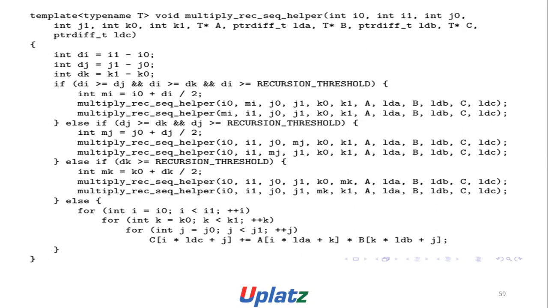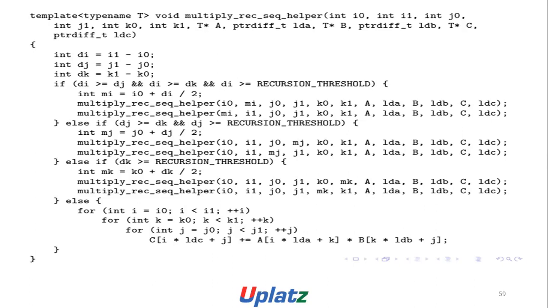dk and dj greater than or equal to recursion threshold, int mj is equal to j0 plus dj by 2. Multiply recursive sequential helper i0, i1, j0, mj, k0, k1, A, lda, B, ldb, C, ldc. Multiply recursive sequential helper i0, i1, mj, j1, k0, k1, A, lda, B, ldb, C, ldc.